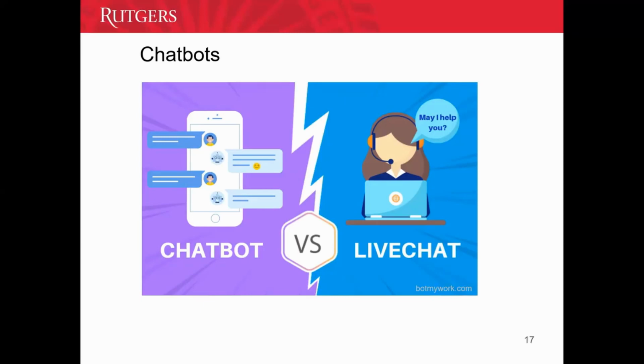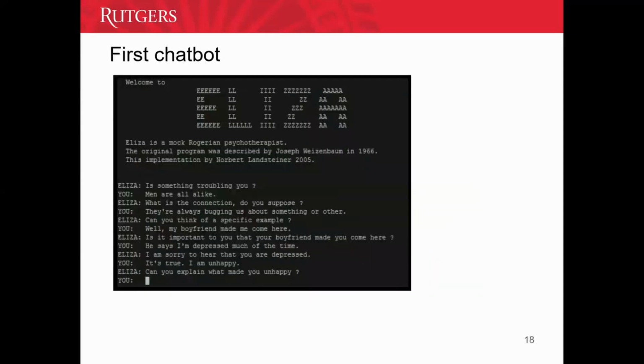Then the human being will respond to the customer on behalf of the chatbot. When the human being is involved in that process, that becomes a live chat. It is no longer a chatbot. Chatbots are 100% automated, with the machines responding to the human beings.